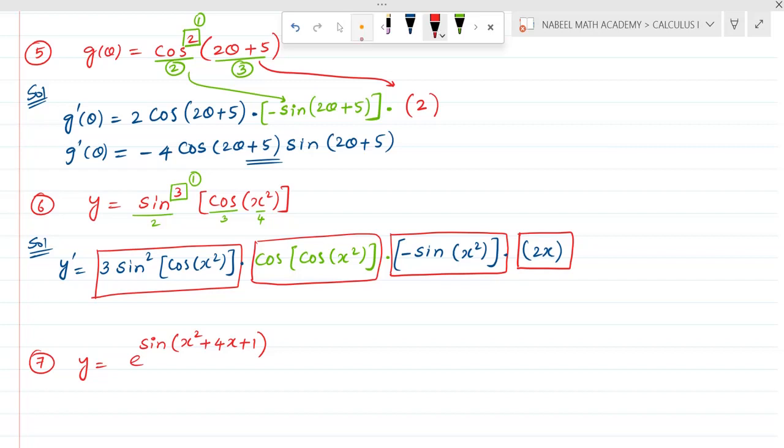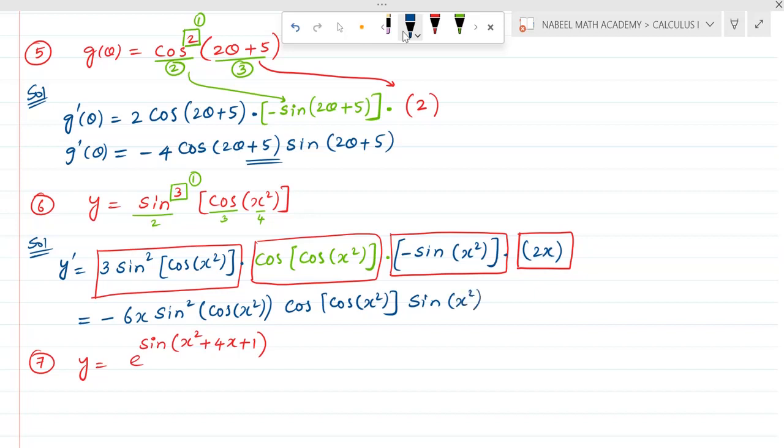If you want to simplify, you can just multiply the terms and bring the minus inside, in the front: minus 6 sine square cosine of x square, and then sine of x square into x. So you are bringing the x to the front. So that's it. So you have the four functions.